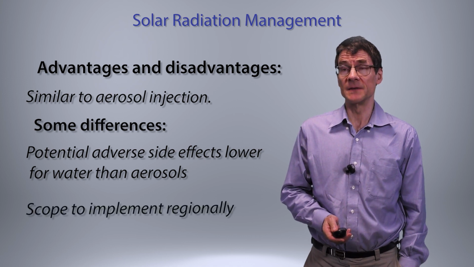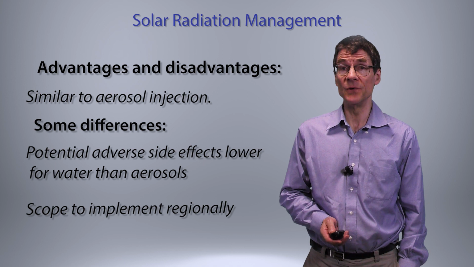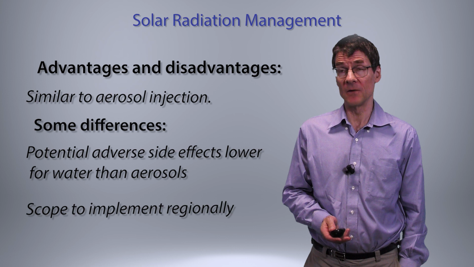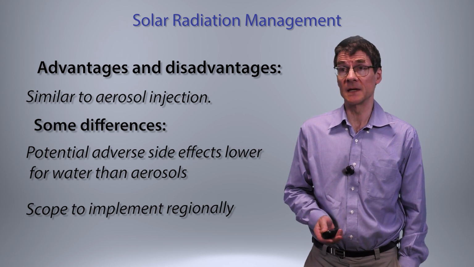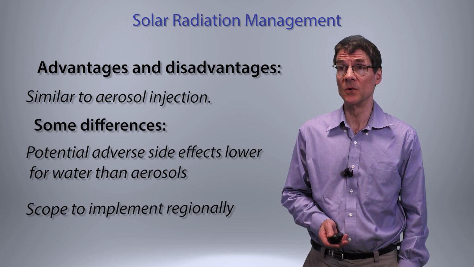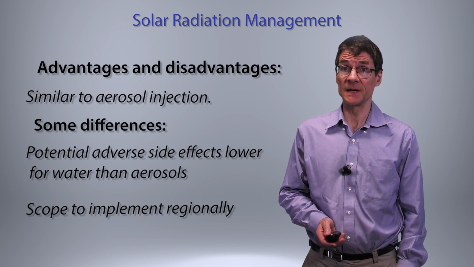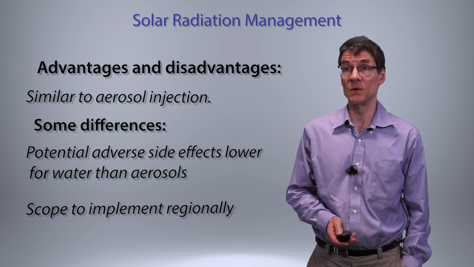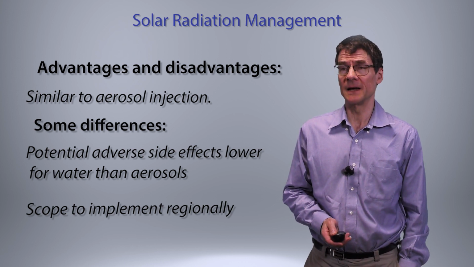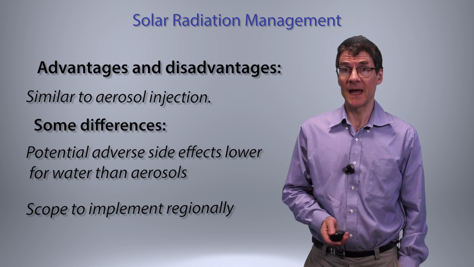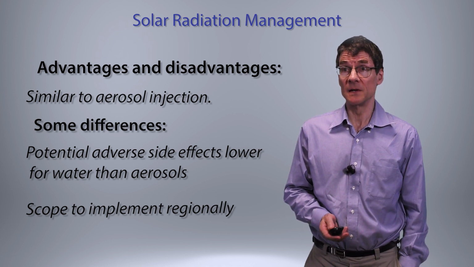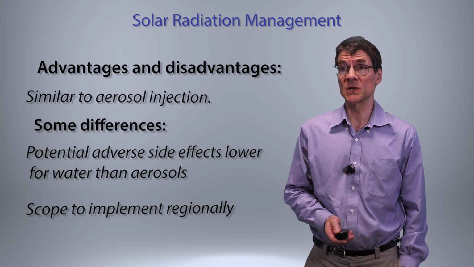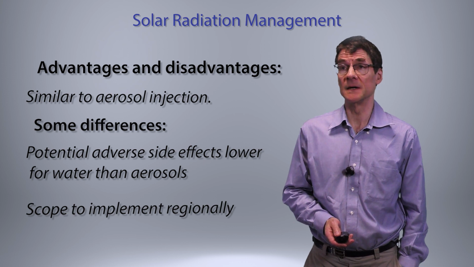The second is that the technology could perhaps be deployed regionally, so it wouldn't be worldwide. There'd be certain areas of the world where you want more cloud because of the cooling, and that could be the case with, let's say, southern Europe, where it's pretty warm, or it could be done in the Antarctic, to slow down the melting of the ice sheet, or indeed Greenland as well, because we know that if the Greenland ice sheet collapsed, that would contribute to a rather large increase in the sea level, and the same is true if parts of the Antarctic ice sheet dropped off.